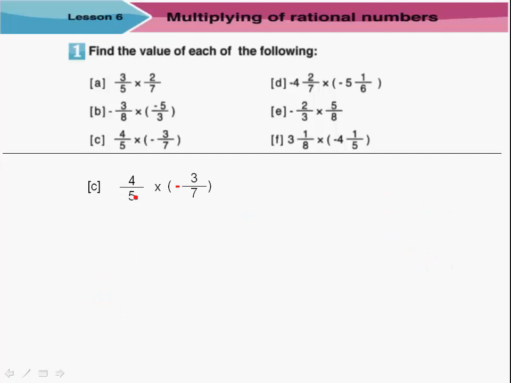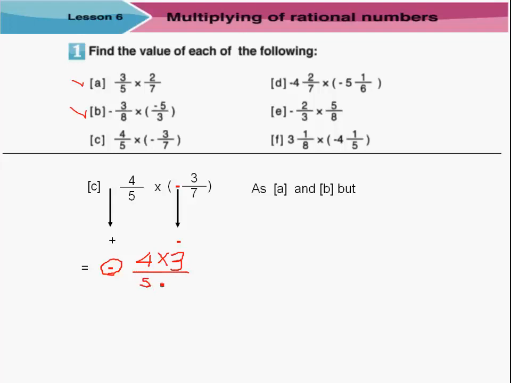C: 4 over 5 times minus 3 over 7. As in A and B, plus times minus will be minus. Of course you have to multiply the numerators and the denominators, and you can complete the solution.